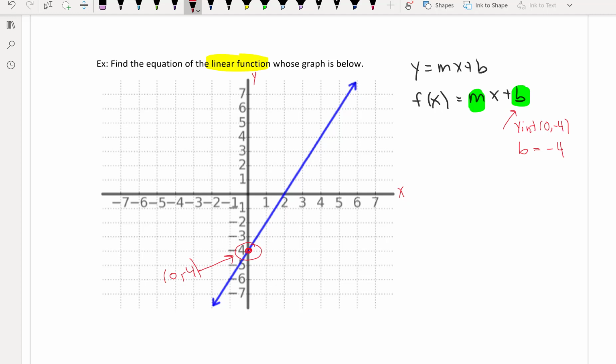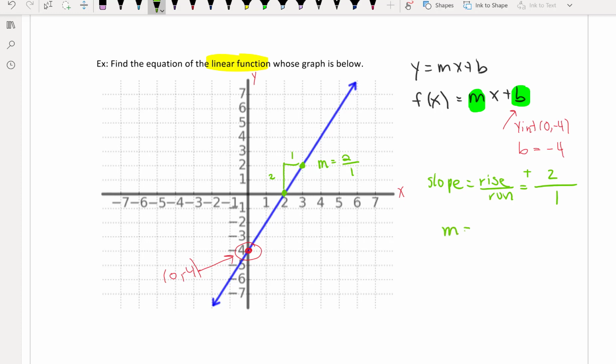So the only thing left to find is your slope. Remember, slope is your rise over your run. And this is definitely an increasing graph, so you know it's going to be positive. So let's think about, what do you do to get from here to here? Well, it looks like I went up 2 and over 1. So my rise is 2 and my run is 1.